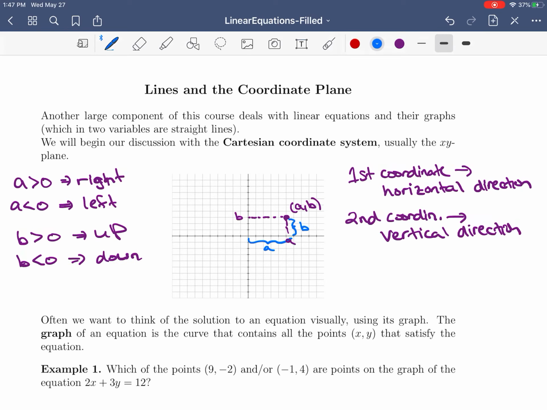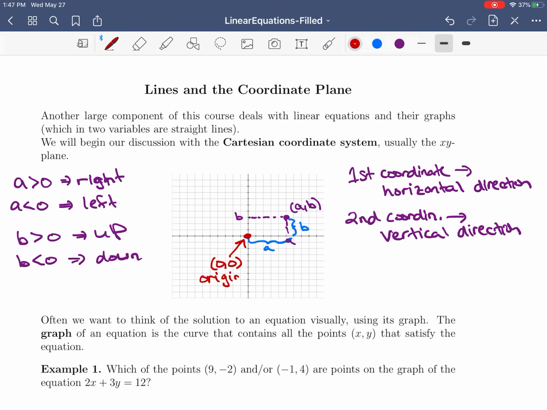And there's one special point on here, the point in the middle. This is called the origin, and it has coordinates (0, 0) because we've moved 0 in either direction, right or left or up or down.